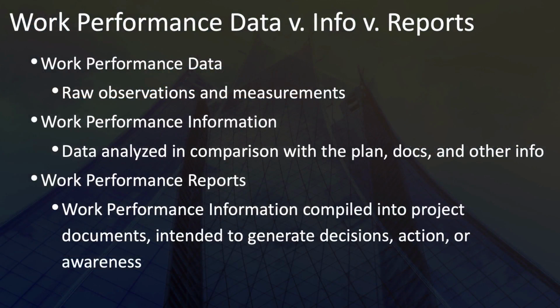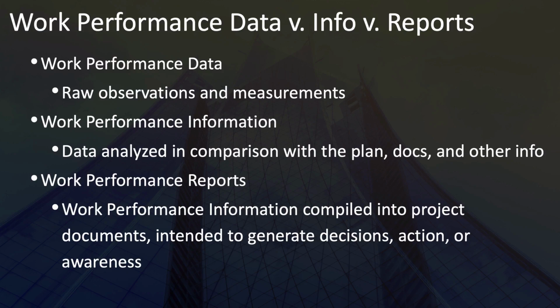Work performance data is an output of this process. This data is the raw observations and measurements from doing the project work. That raw data is then analyzed and compared with the plan and other documents and other information, and that analysis turns this into work performance information.